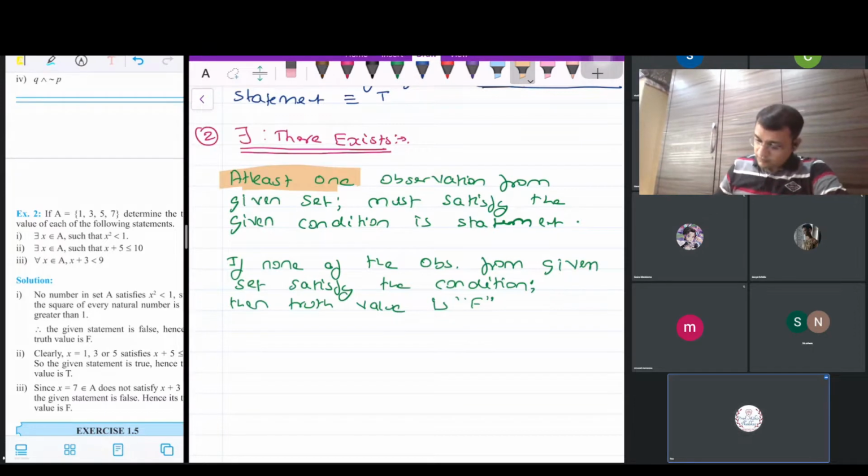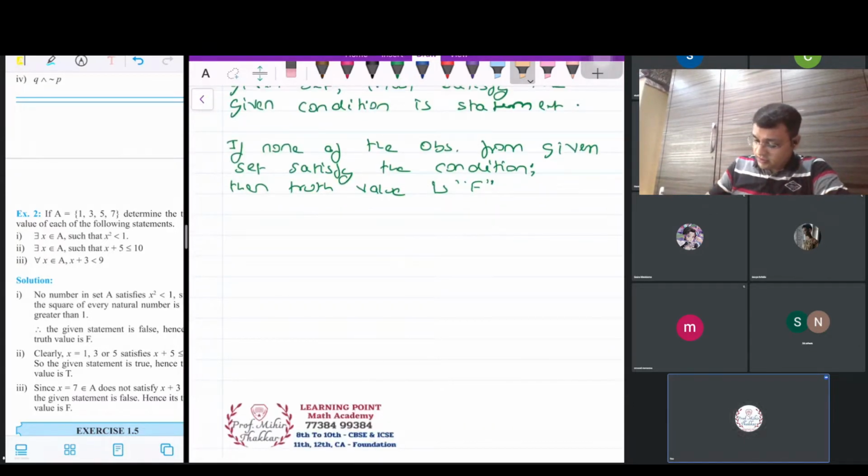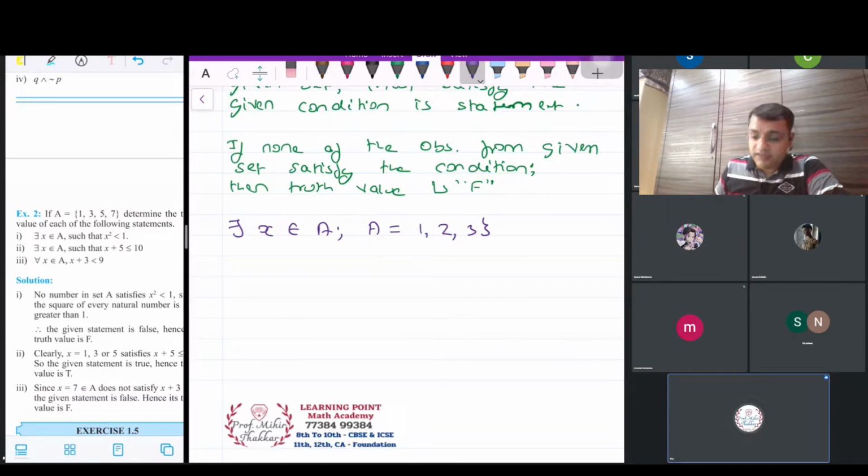Okay. Suppose I consider a similar example to the one I took above. There exists x belonging to A, where A has values 1, 2 and 3, but this time the condition is slightly changed. The condition is that x square has to be lesser than 9. So I have to observe whether all the values of x satisfy this condition, or whether there is some value which is not getting satisfied.